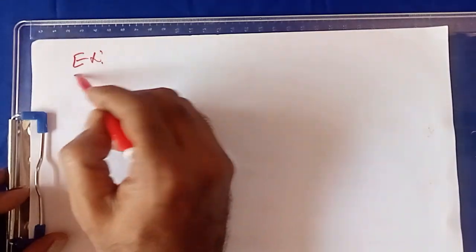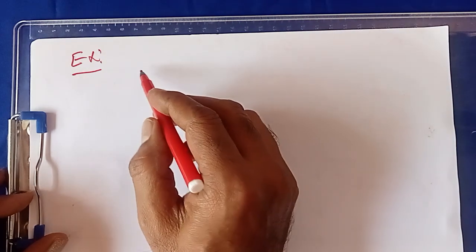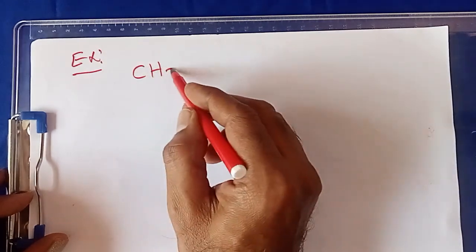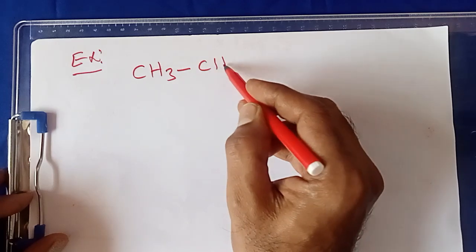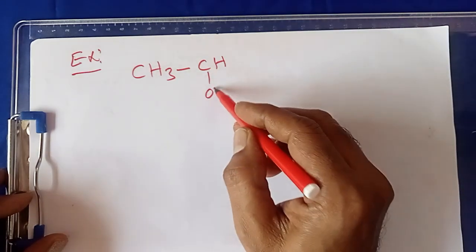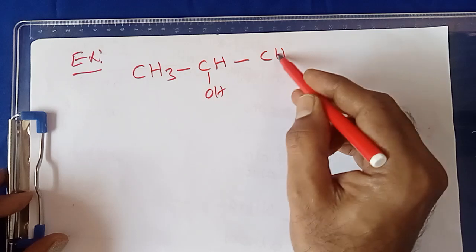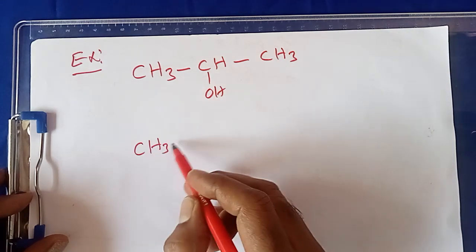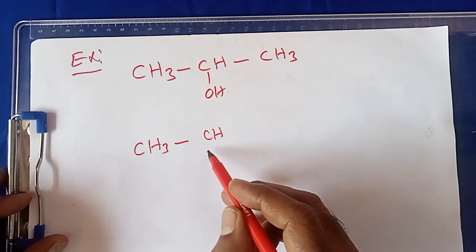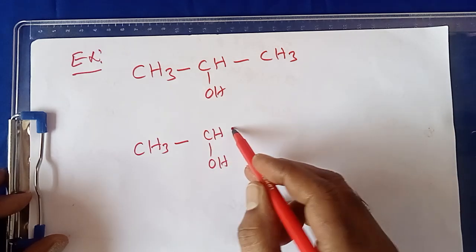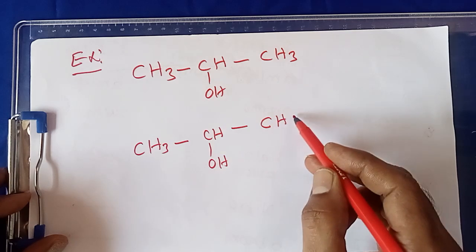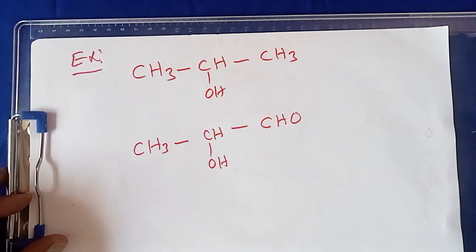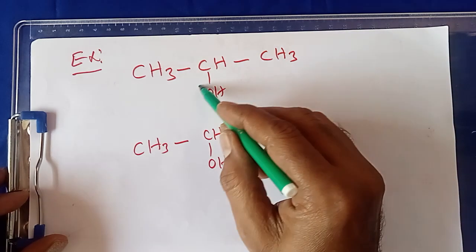For example, see that. One compound is given, CH3, CH, OH and CH3. Next example, CH3, CH, here same OH, then CHO. Here what is present? OH functional group is present.